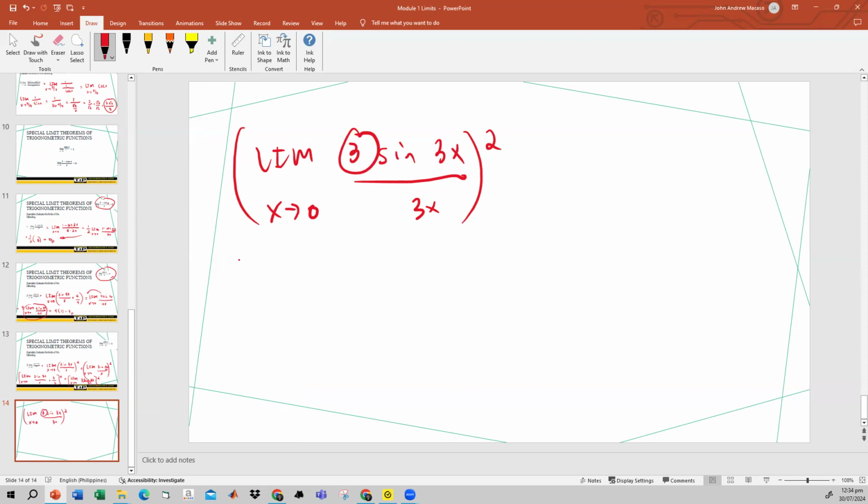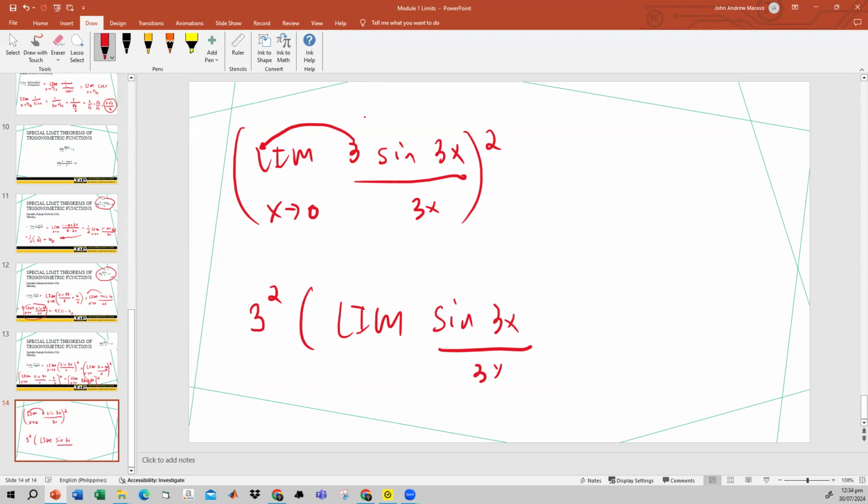We can separate this by placing this outside. So this will become equal to 3 squared times the limit of sine 3x over 3x as x approaches 0, then squared.